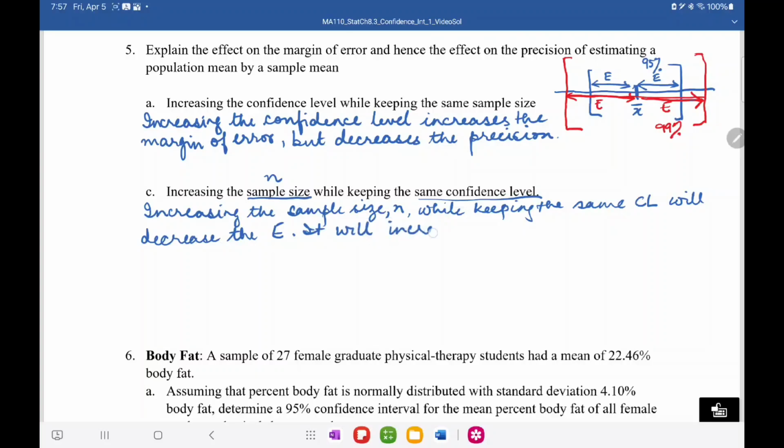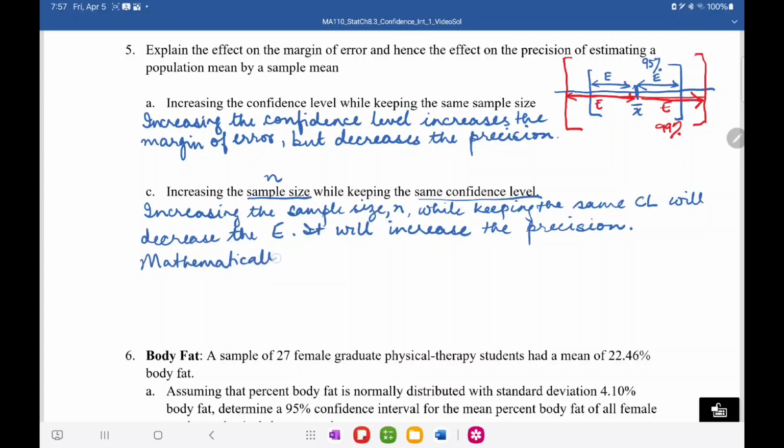So when the margin of error decreases, when we have a narrower margin of error, it will increase the precision, right? You have to be more precise to the actual value. Now, mathematically, all right, what happens mathematically, let me just show you.